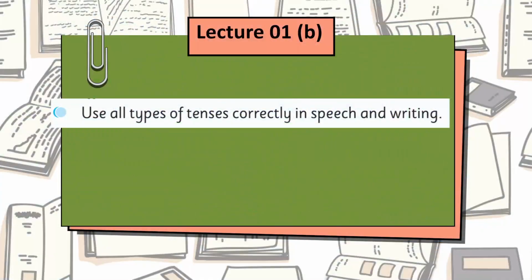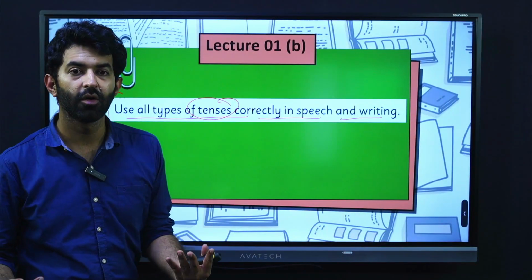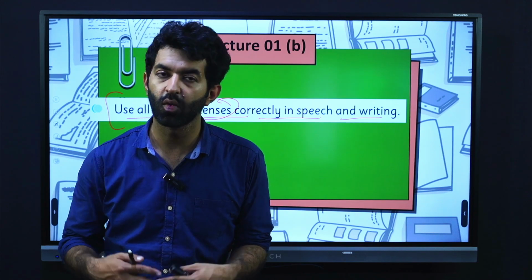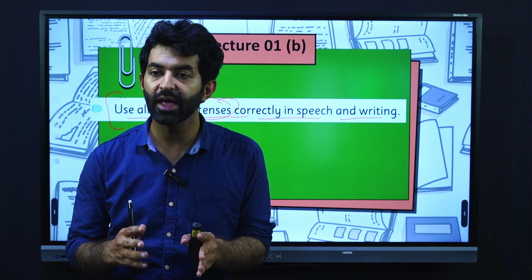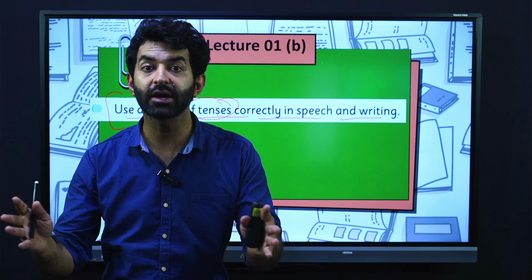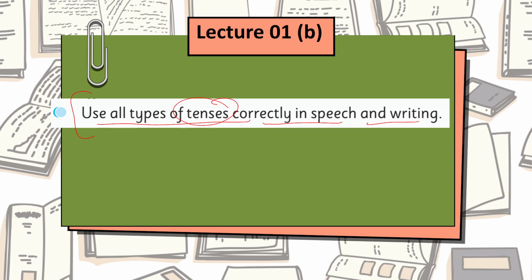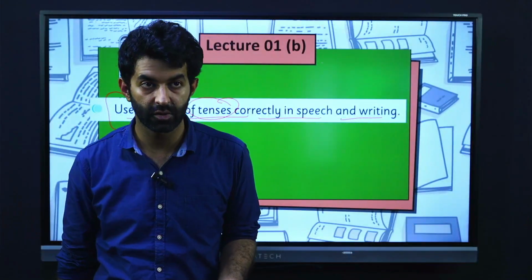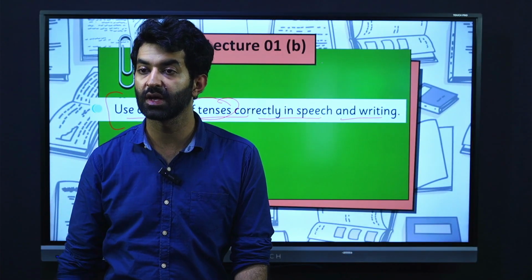Next one, again this SLO, which we have covered so many times, using all types of tenses correctly in speech and writing. So we will go through the different tenses once again in a very short time, and then we will have some activities for you for the past, present, and future tenses with all the variations like present simple, present continuous, present perfect, and perfect continuous of the present tense, and similarly with other tenses as well.